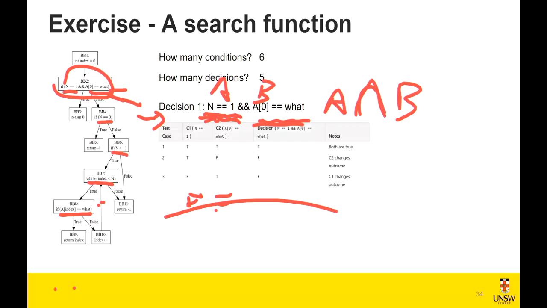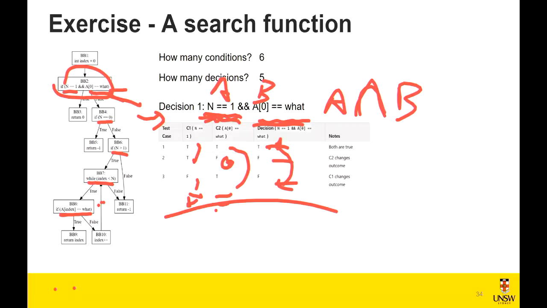So as you can see, there are some explanations for why it satisfies MCDC, because in this table we can see that the decision takes the value of both true and false, and each condition here can take the value of both true and false.